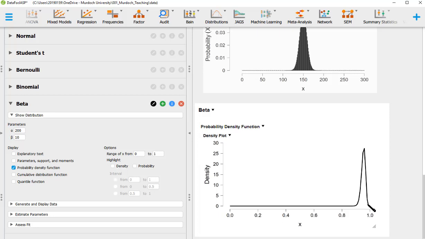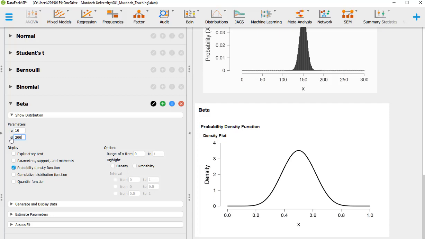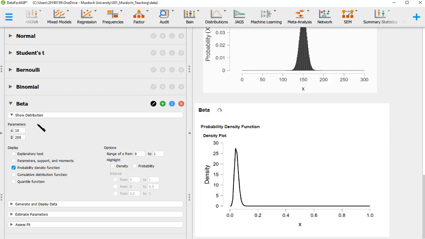Well, 0.9 or more is more likely than lower values. And the opposite is true: if we have 10 landings in the region of interest and 200 outside it, the proportion of people living in the region of interest is more likely to be very low.